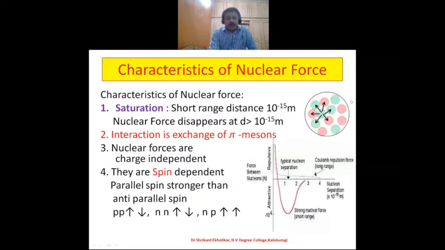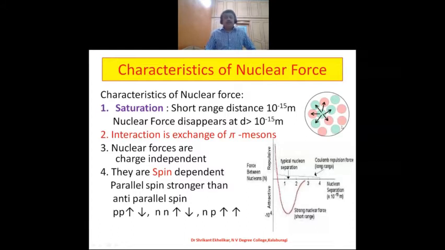If you draw a sphere with 10 raised to minus 15 as the radius, it is three dimensional, and this is known as the sphere of action, or sphere of influence of the nucleus. So the nuclear force has action in this distance only. Therefore the nuclear forces are short range.